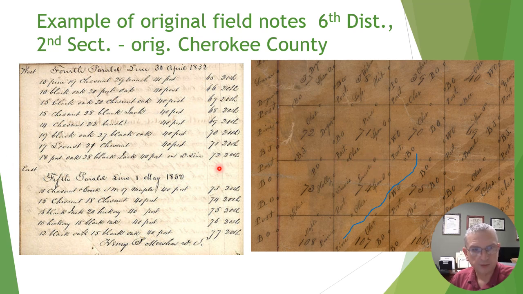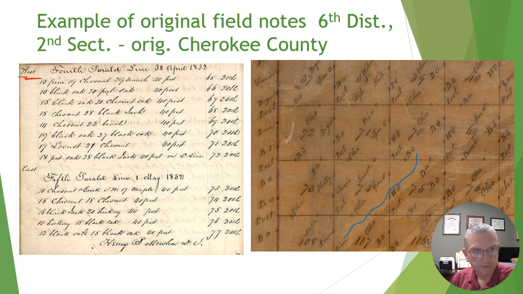Across the bottom of 72, 18 chains to a post oak, 28 chains to a black oak, 40 chains to a post on the district line. So he came over post oak, blackjack, the BJ, and then the post on the district line. Then they came down and started running east. Notice here they say they're running west.